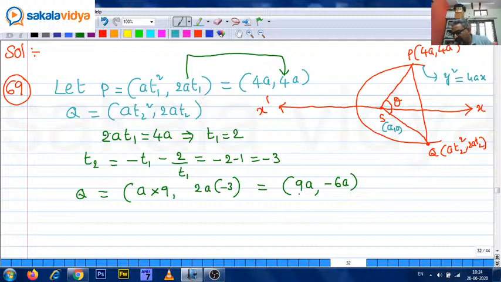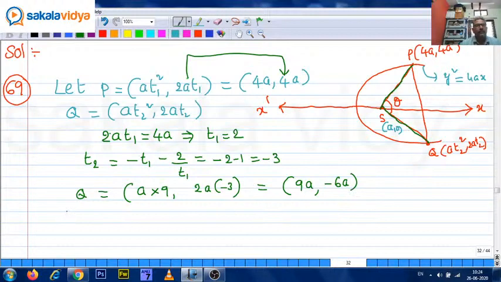If (4a, 4a) is one foot of the normal, the other foot of the normal will be (9a, minus 6a). So now what we need to find out? The angle between these two lines, that means SP and SQ, so the slope of SP and the slope of SQ.